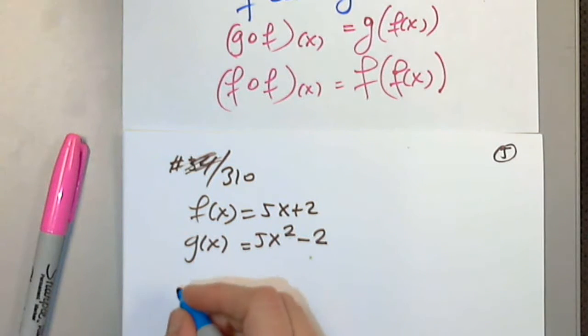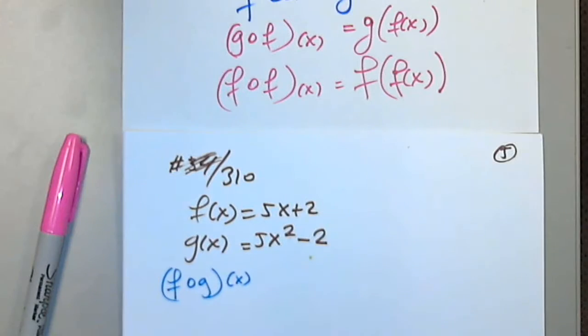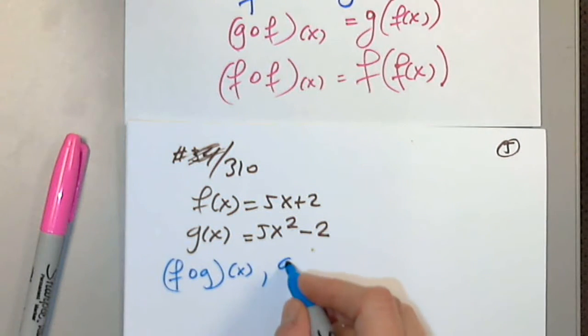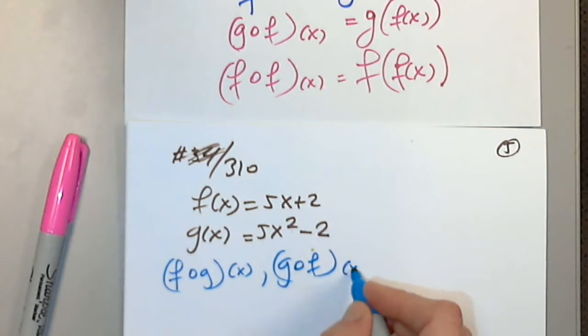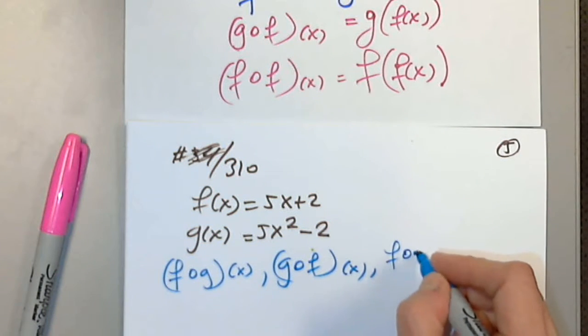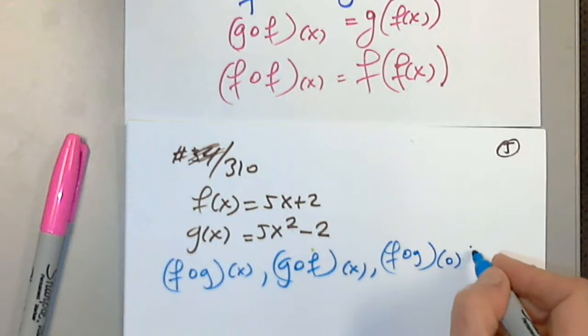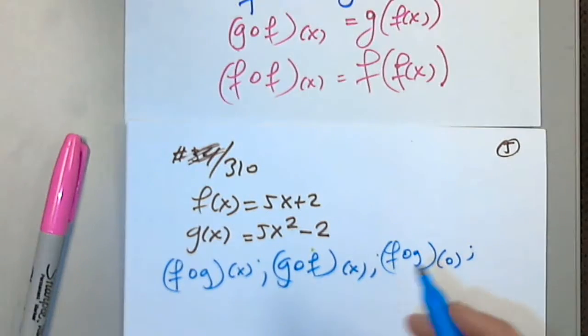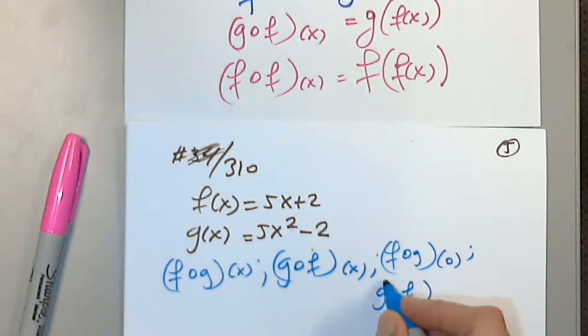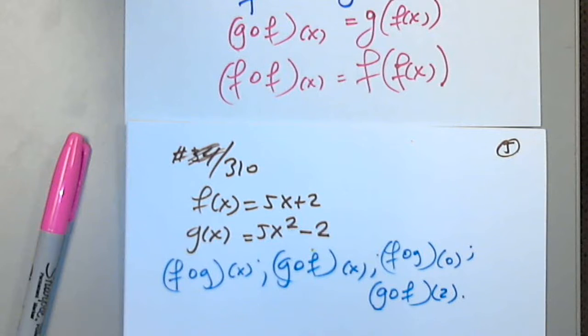Okay, so we are asked to find f composed with g of x. We are asked to find g composed with f of x. We're asked to find f composed with g of 0. And we're asked to find g composed with f of 2. Again, I just made it up, because by mistake I copied one function from a problem and another one from another.